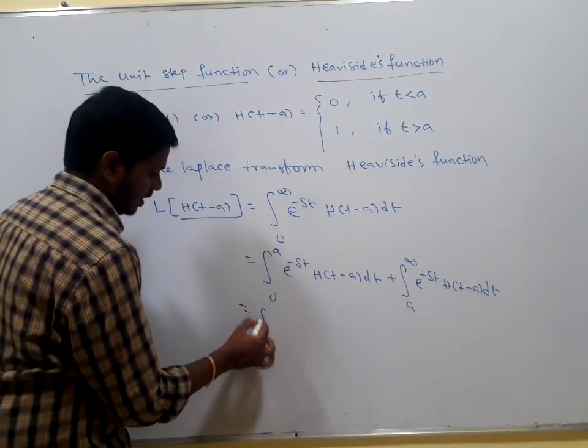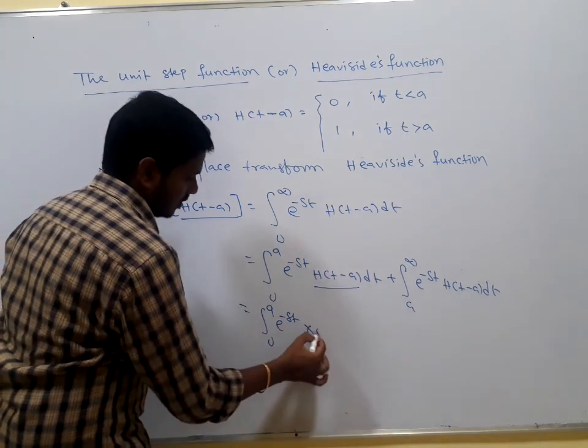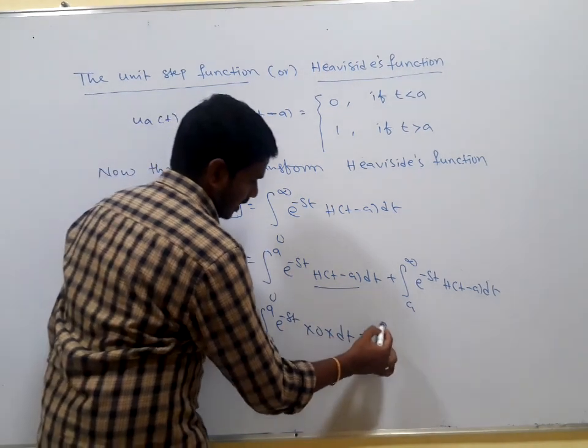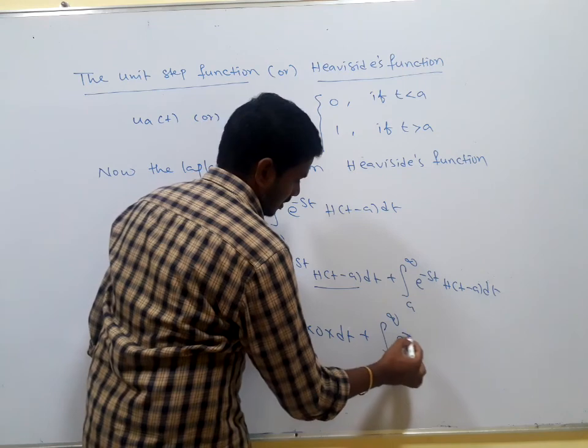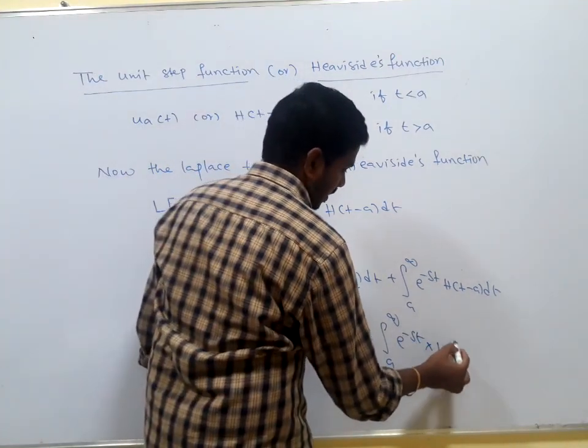This is nothing but integral 0 to a, by substituting the function, h of t minus a is 0 dt, plus integral a to infinity e to the power of minus st, h of t minus a is 1, into dt.